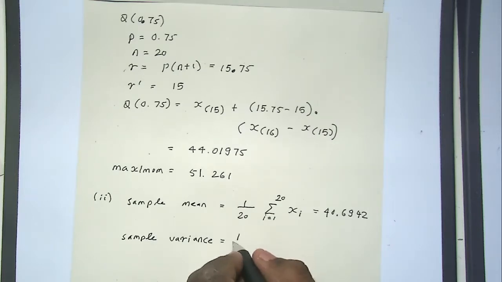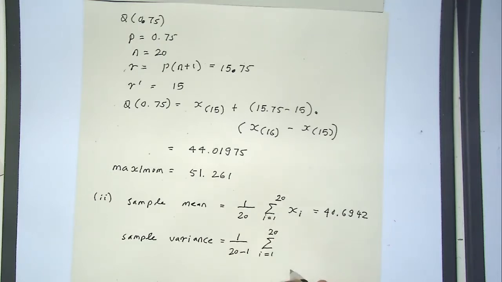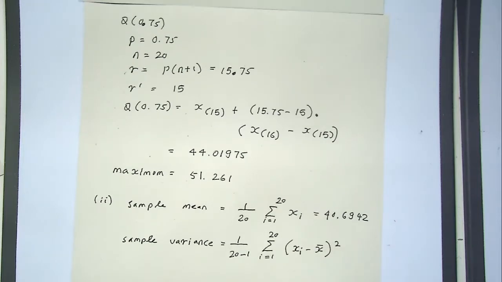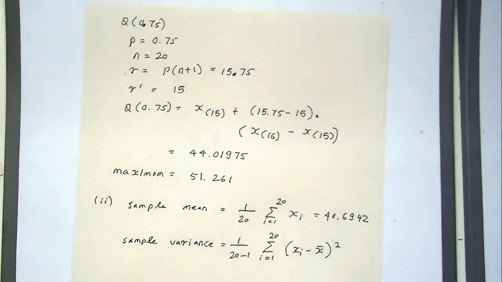It will be 1 over 20 minus 1 times the sum of xi minus x bar squared.